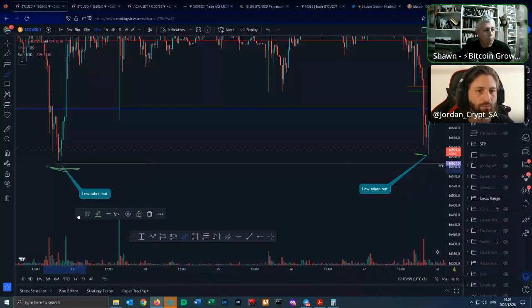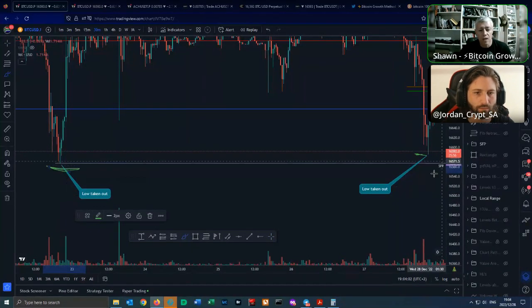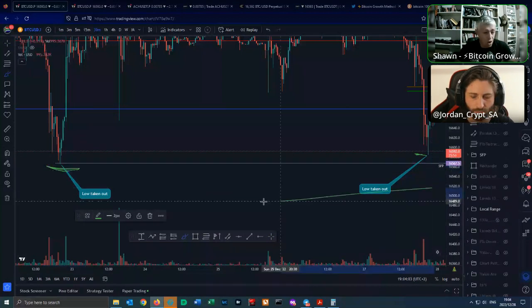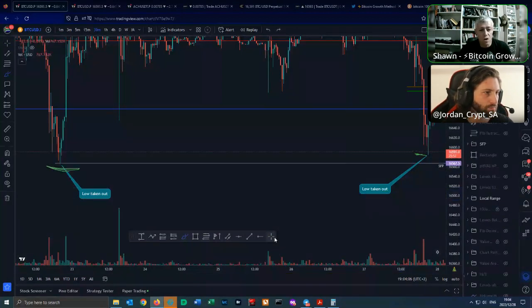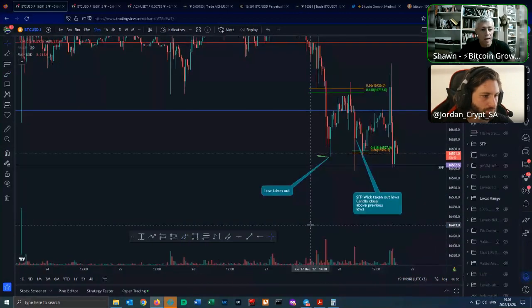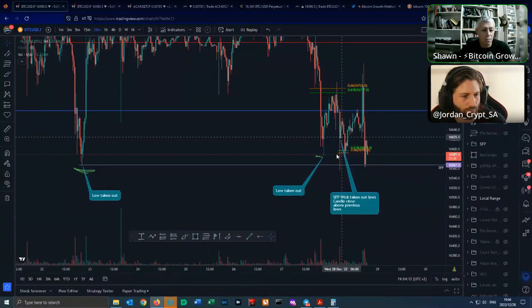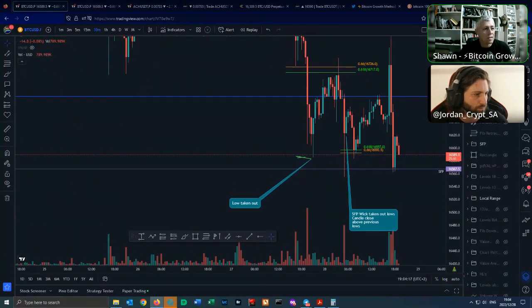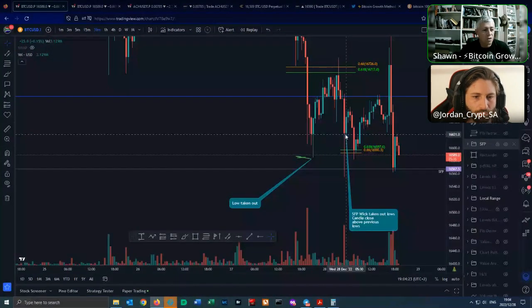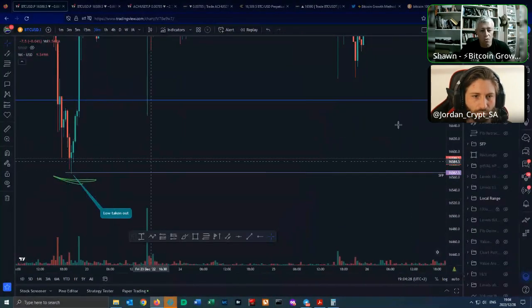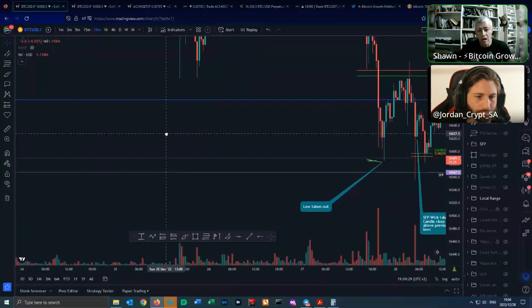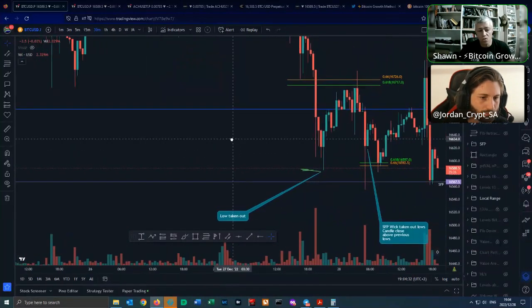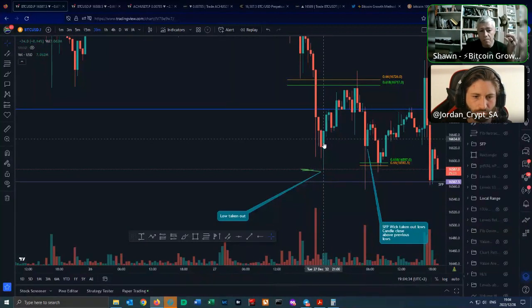So what happens with the swing failure pattern is that when it takes out these lows, you see a very quick wick up that closes above the previous lows. There you can see, if I expand my chart a little bit, that on the 30-minute, and even on the 15-minute, that candle close was above this previous low and this previous low. So what's happening here, and I'll show you on the order flow charts as well, is that people are expecting a breakdown.